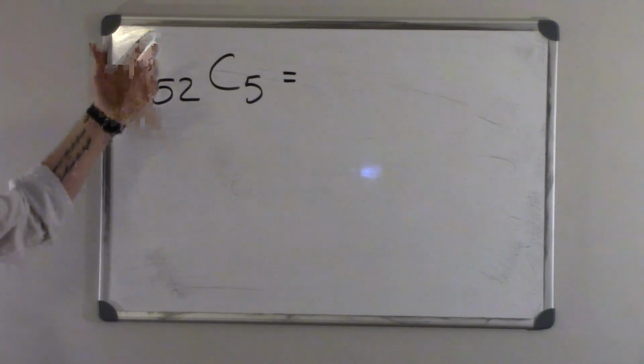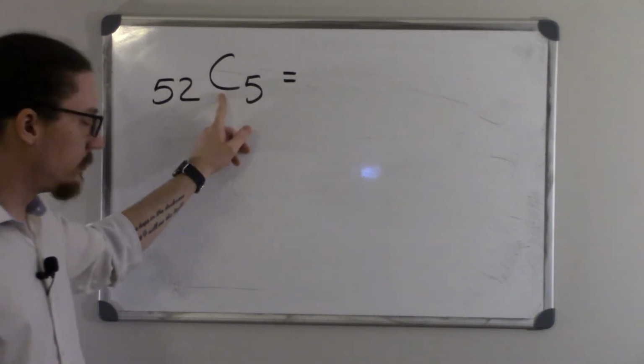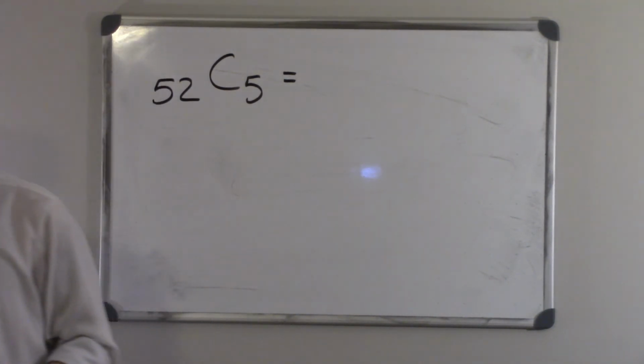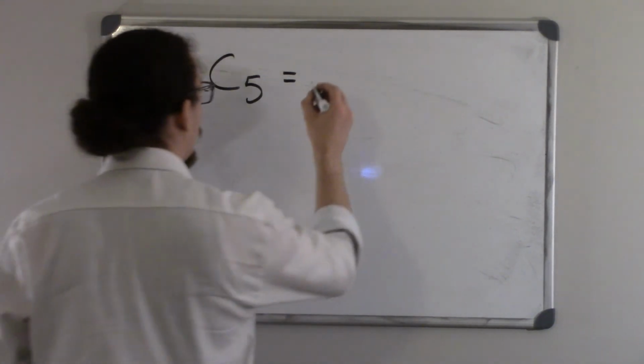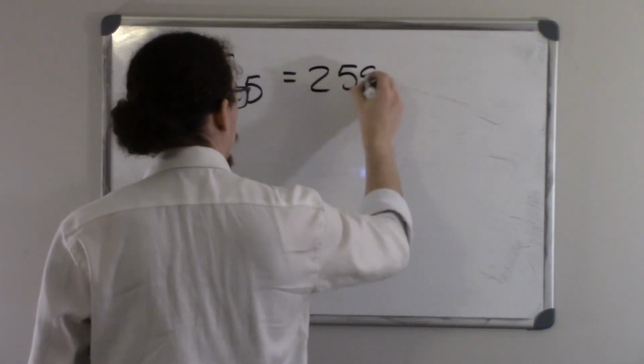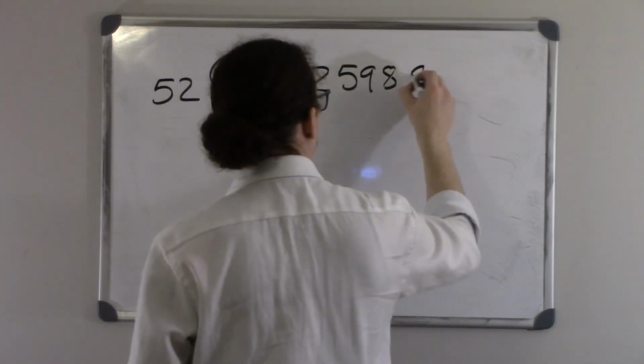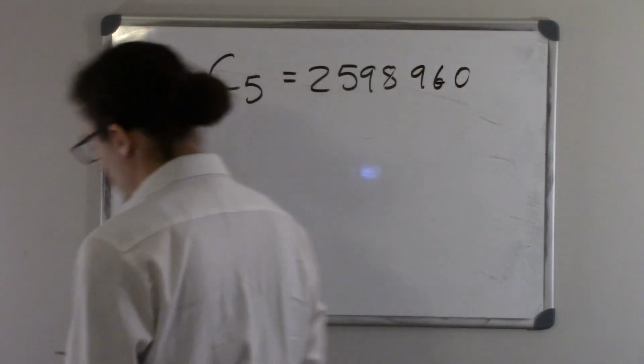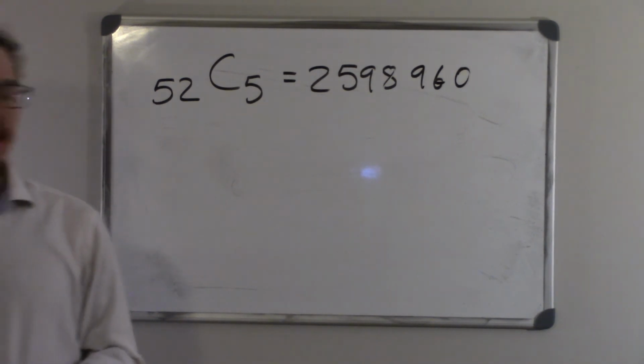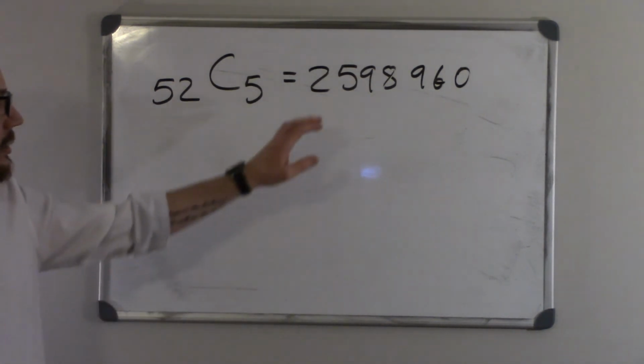When we put this into the calculator, we do 52, PRB, nCr, and then hit the 5, and we hit enter. We're going to find that there are 2,598,960 unique 5-card hands.